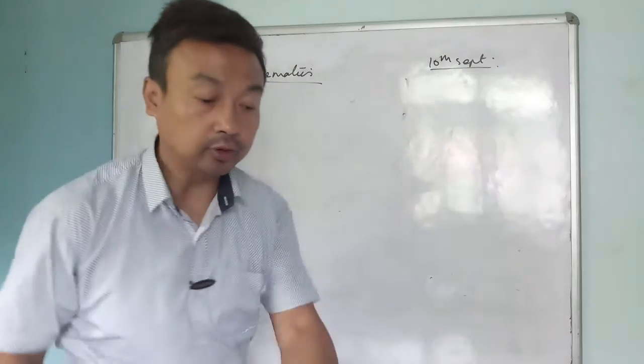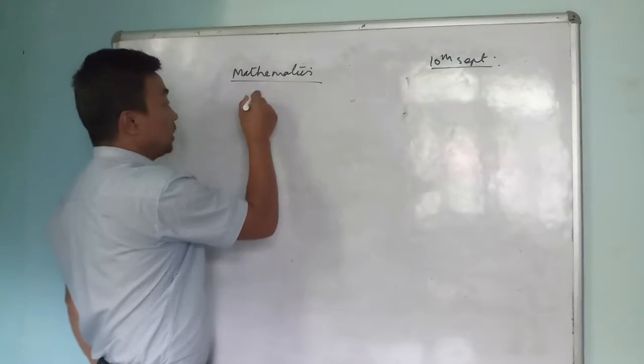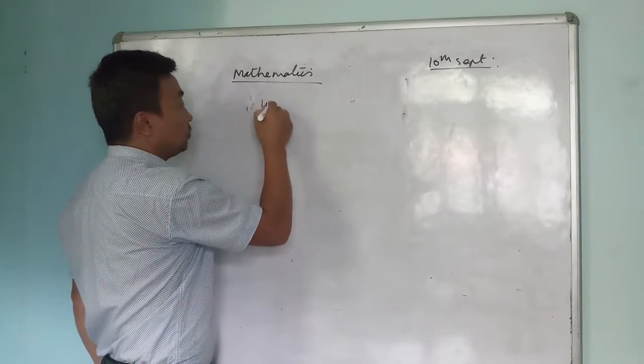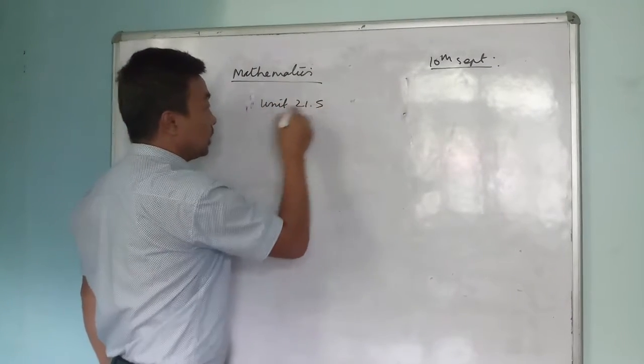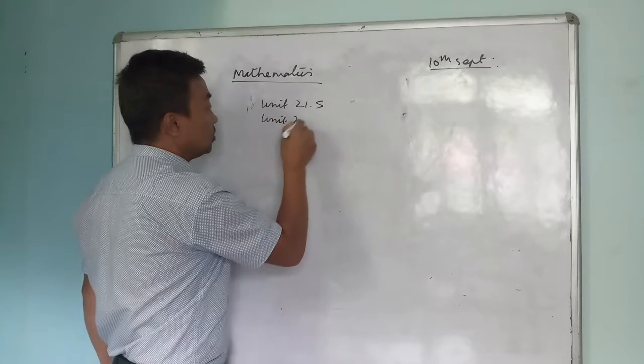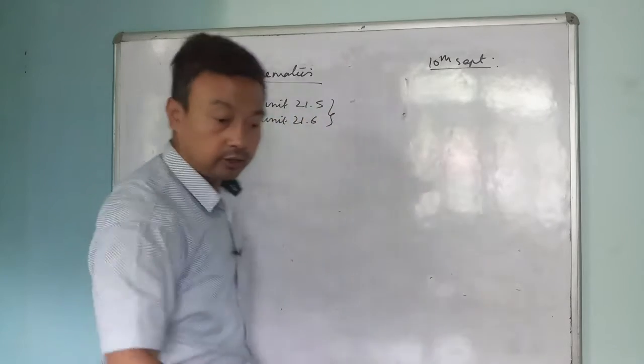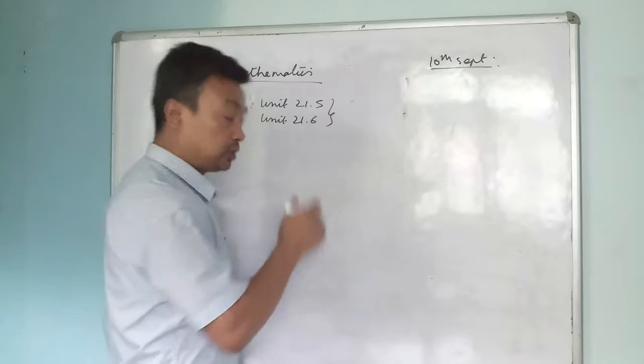That means in the textbook, if you look at unit 21.5 and unit 21.6, it is there on your page number 327.